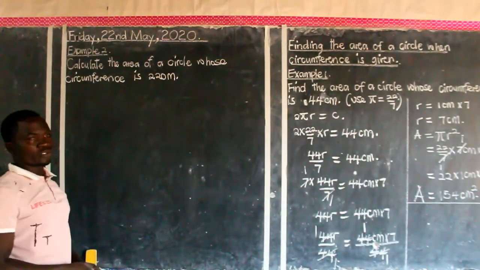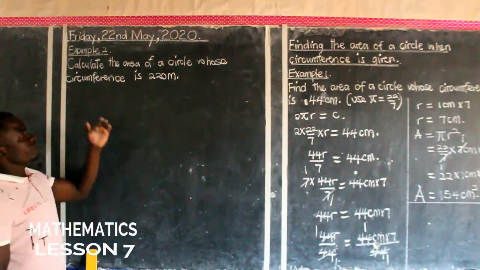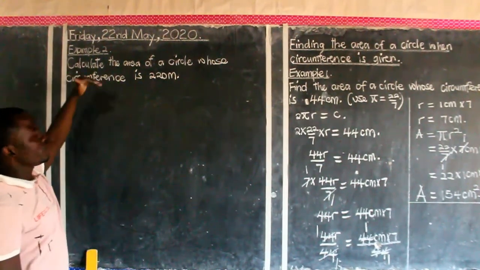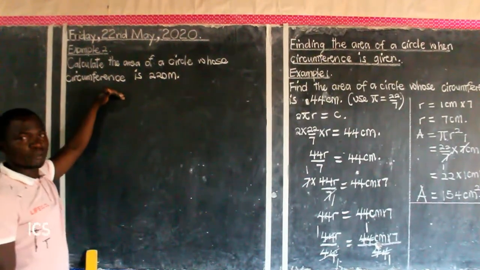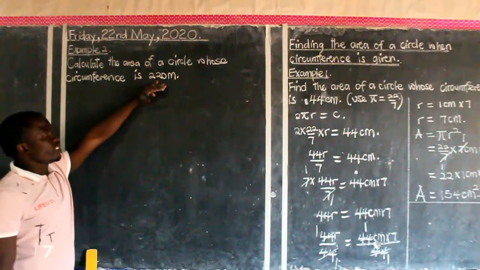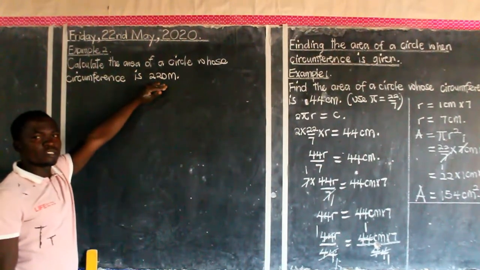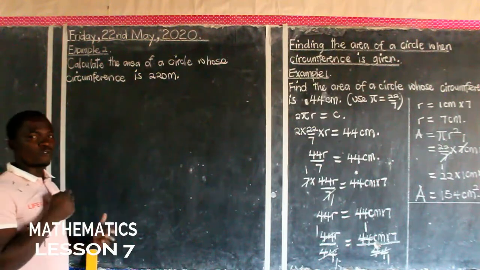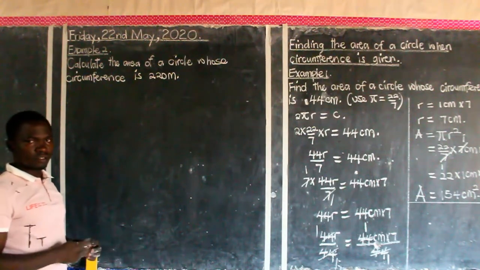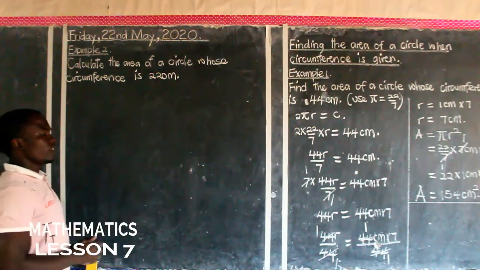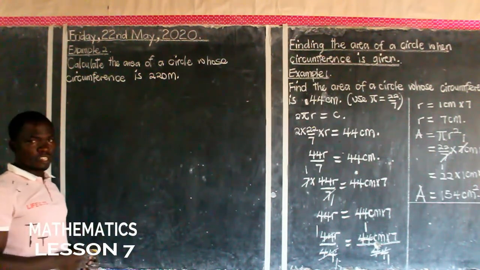I want to tell you something again, that there is no way you can find the area of the circle when you don't have the radius. Okay? So what you do, use the circumference to get the radius. After getting the radius, you can now find the area. And it is very, very easy. Like we did there, and like we are going to do it again.